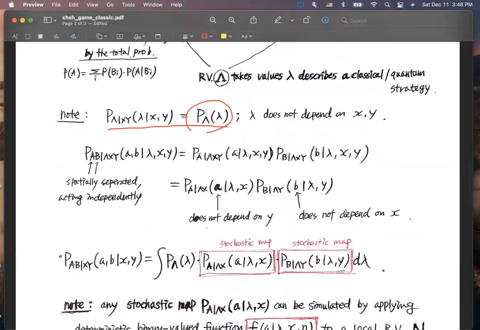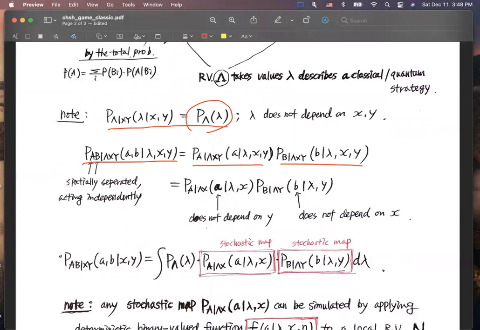And also, Alice and Bob are spatially separated, so they act independently. We can simplify this conditional probability into two probabilities: probability of a given lambda, x, and y, times probability of b given lambda, x, and y.